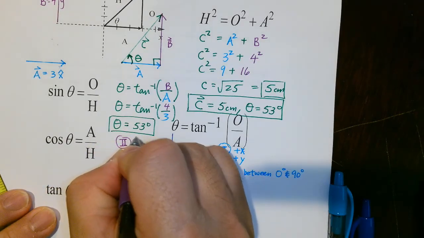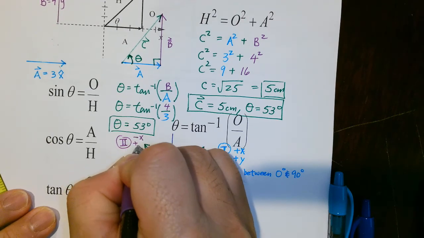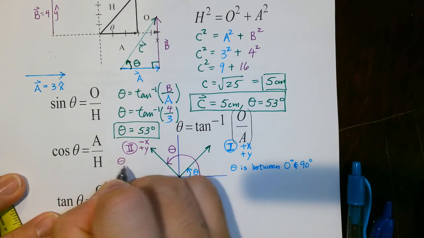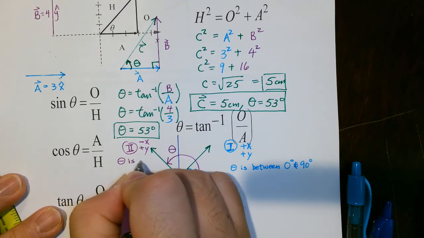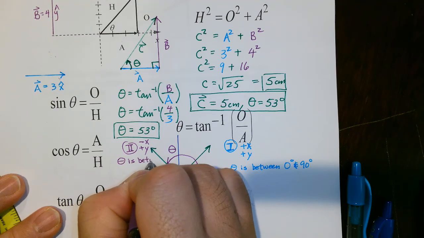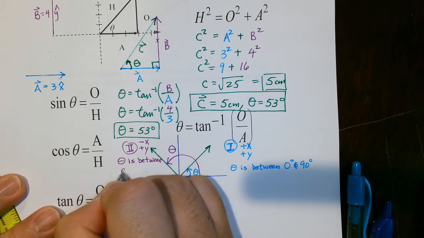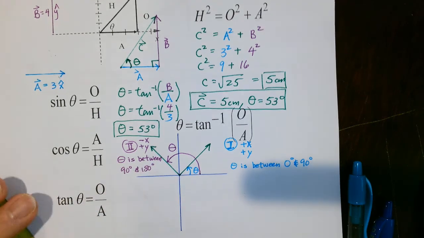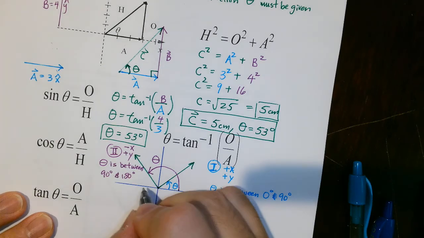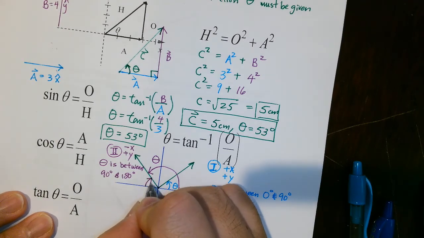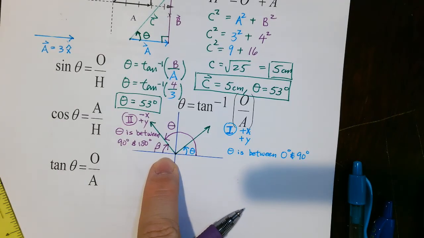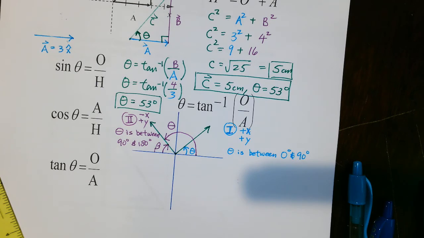In the second quadrant, I have negative x and positive y, and theta is between 90 degrees and 180 degrees. This angle right here is known as beta, which is the reference angle, and it will be a negative angle.